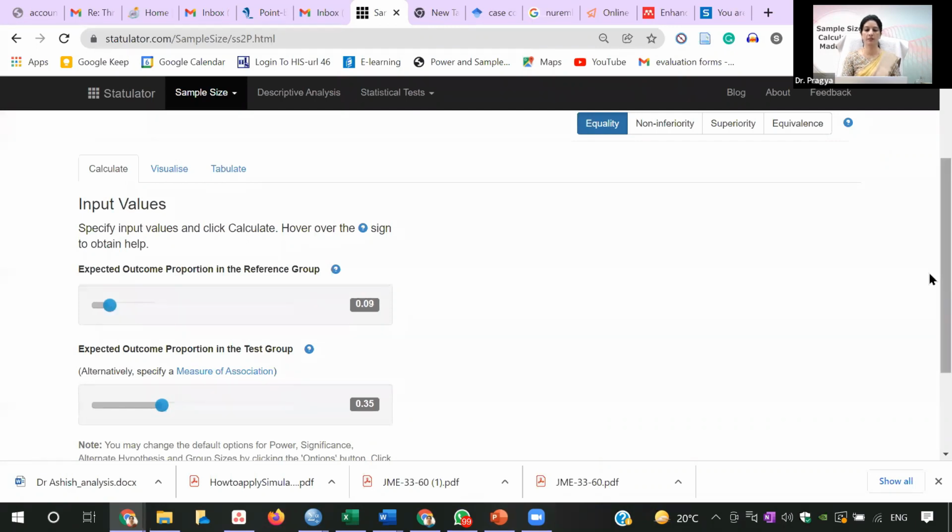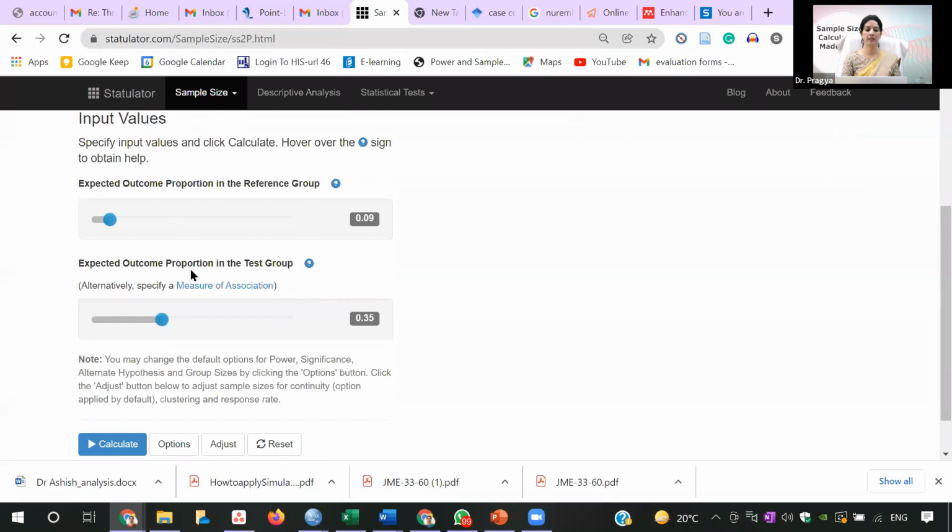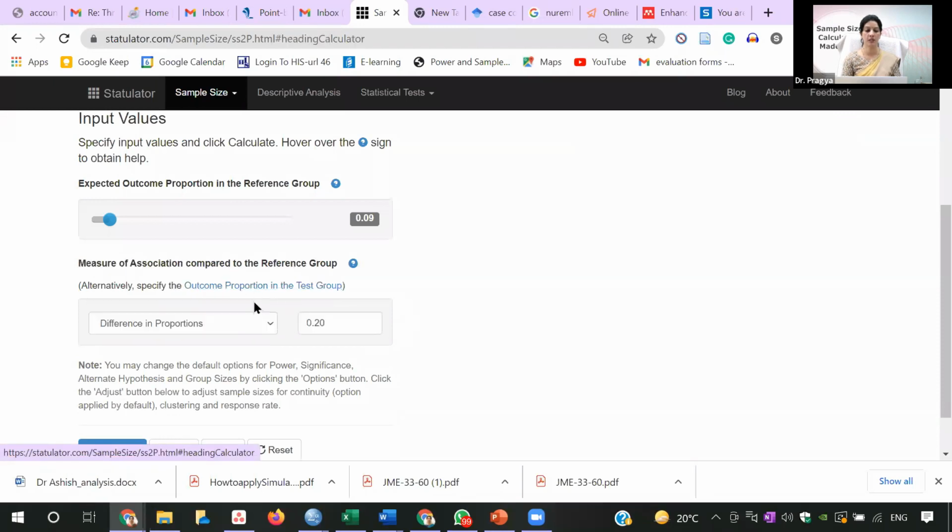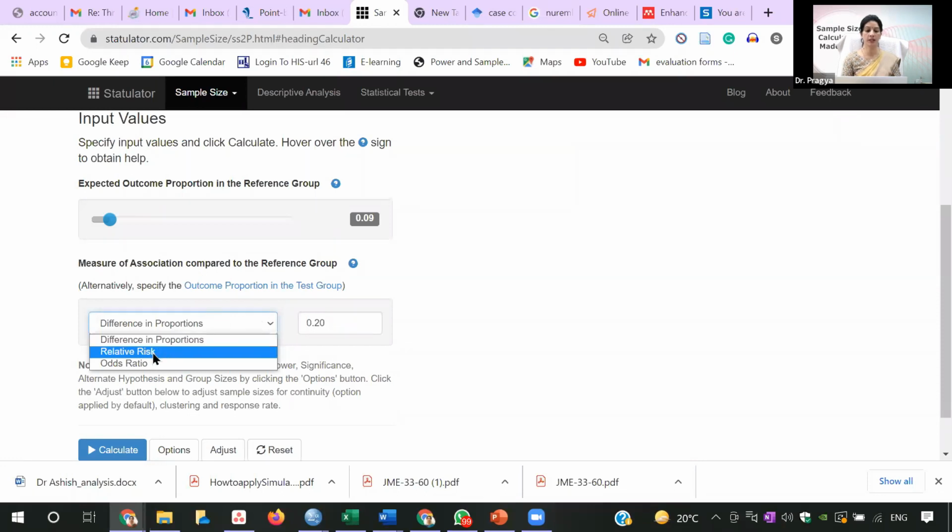And in the second case, you can either enter a second proportion, or if you click this measure of association drop down, you can have the difference in proportion, relative risk, or odds ratio. We will use the relative risk option when we do the sample size calculation for odds ratio, because there it is the same formula that we use.